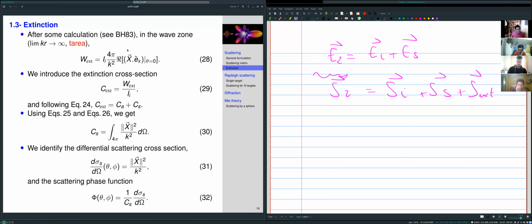It's worked out in this textbook, so the homework is just to look at this textbook. I need to share with you this book, Bohren and Huffman, which is where I'm taking this material from. It's not from Jackson. It's not in the textbook either. It's a book devoted to Mie theory.